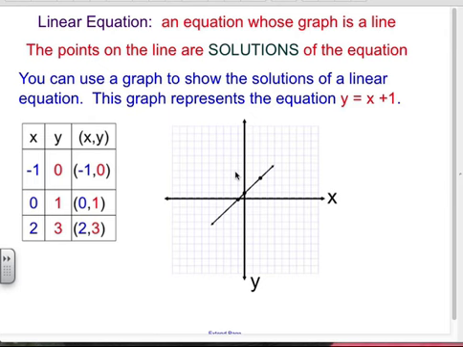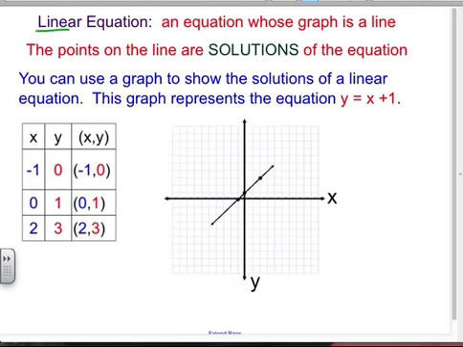So let's get started here with this unit, and we're starting with something that's called a linear equation. Oh boy, I do like linear equations. But I guess before I even really read the definition, I want you to look at the word linear, and I hope that you see the word line.